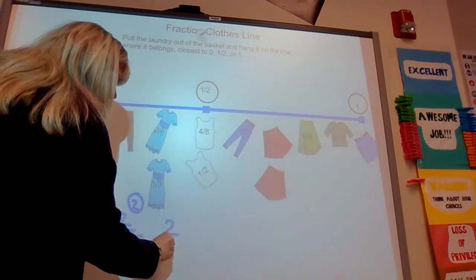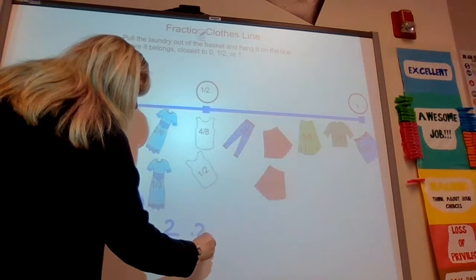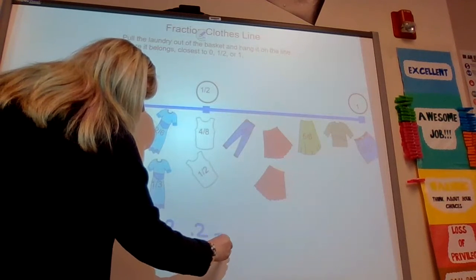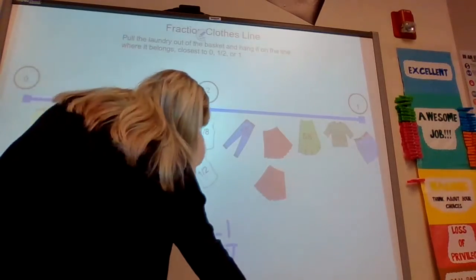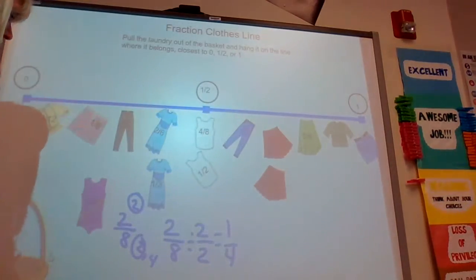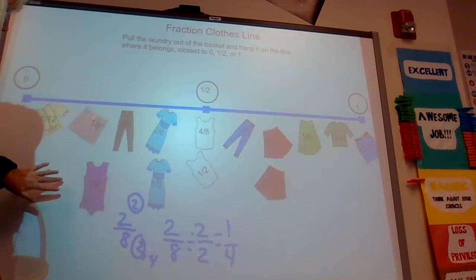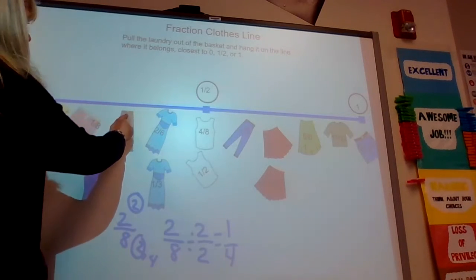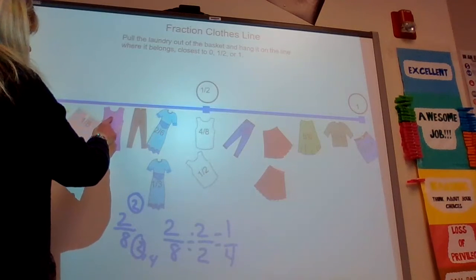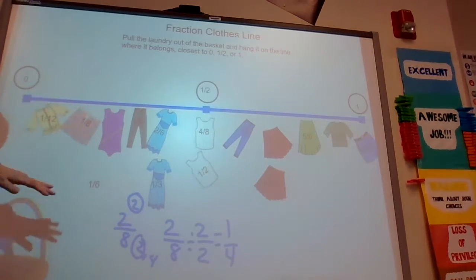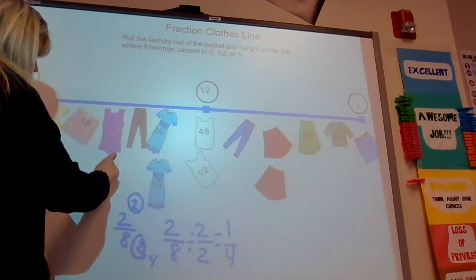So I can say 2/8 divided by 2 in the numerator and 2 in the denominator is 1/4. And if that's the case, I know that 1/6 is going to be between 1/8 and 2/8, because 2/8 is the same as 1/4. It's kind of getting a little crowded over here on this end.